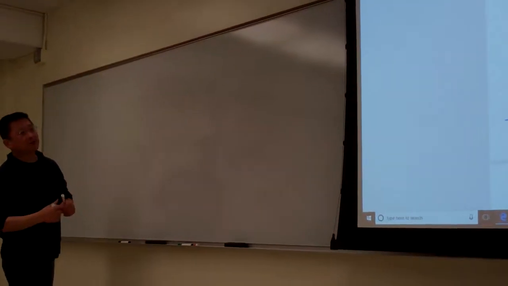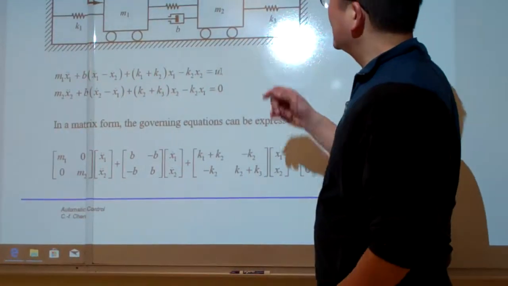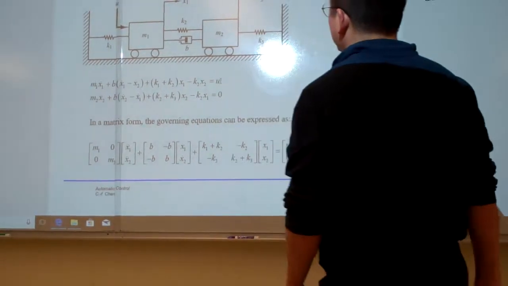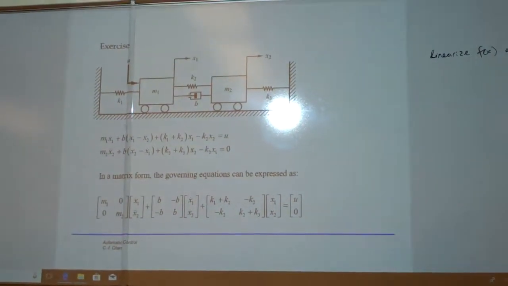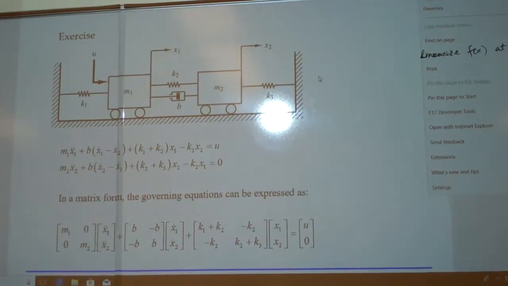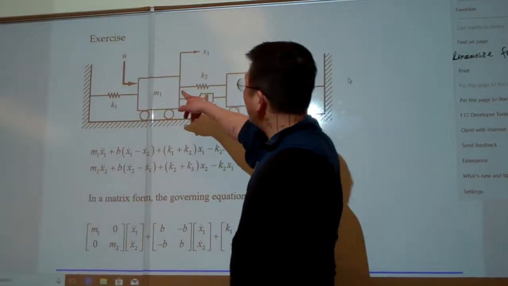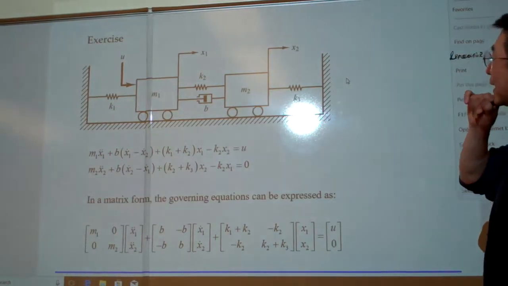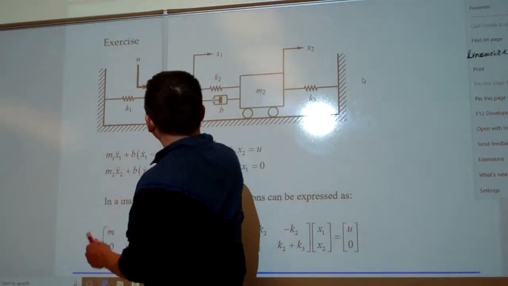Okay. So for this case, let me work on this one quickly. So this again, we have... Now for this one, from here we look at the system, and here U is the input force.